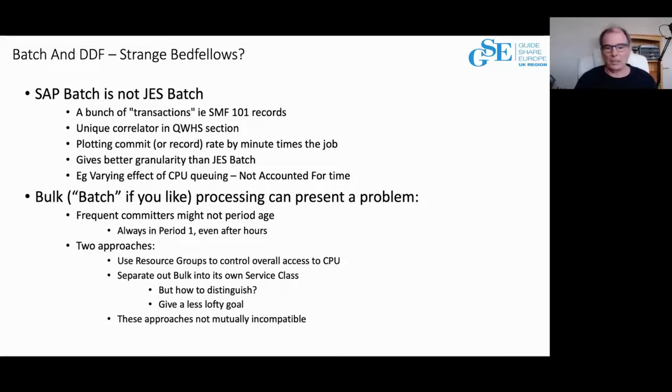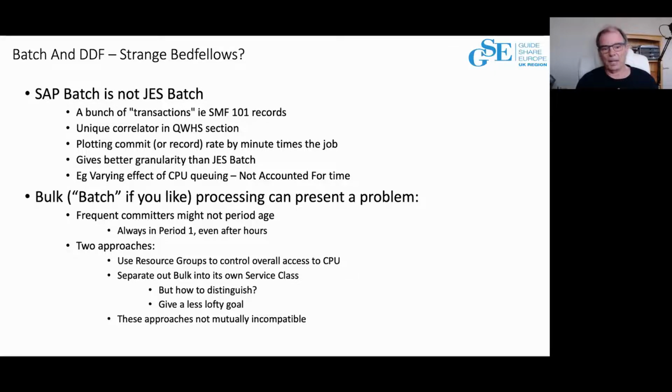So there's a couple of approaches you could use here. You could use resource groups, I suppose, to control overall access to CPU. You could separate out the bulk or batch work into its own service class and give it a less lofty goal. The issue there is, how do you recognize the batch stuff? Or you could combine these, and maybe you have to use some of DB2's own capabilities, like what I believe is called DDF profiles.